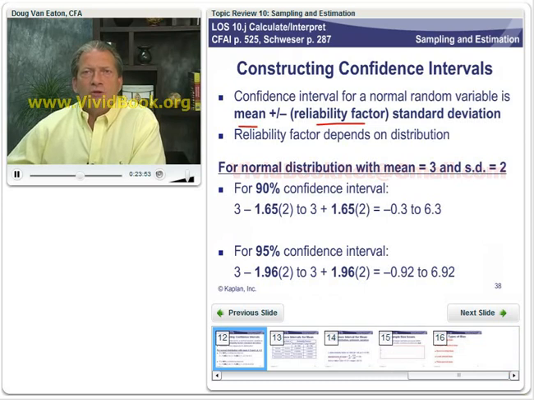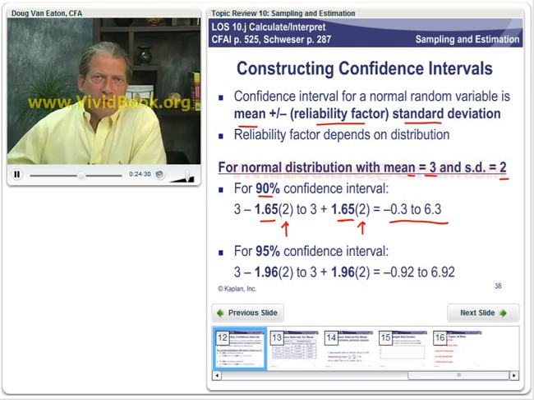So for a normal distribution with mean equal to 3 and standard deviation of 2, if we want a 90% confidence interval, we put in our reliability factor for a normal distribution, plus or minus 1.65 standard deviations, plug in our standard deviation of 2, and we get a range around the mean of 3 of minus 0.3 to plus 6.3.